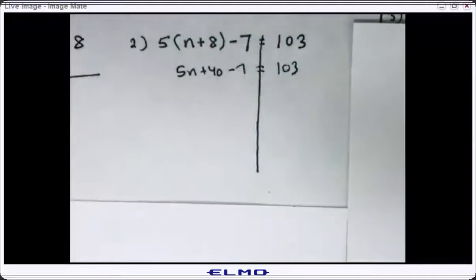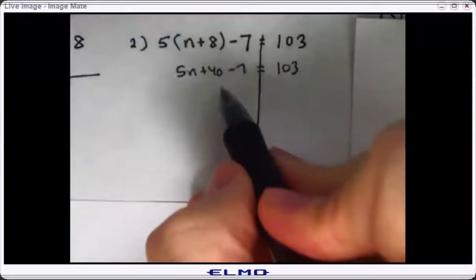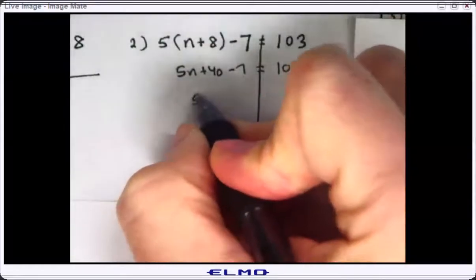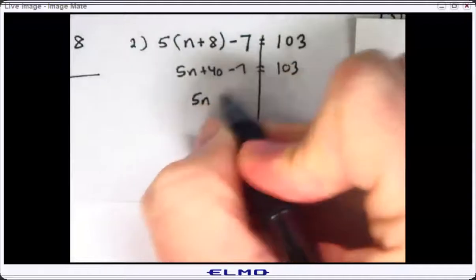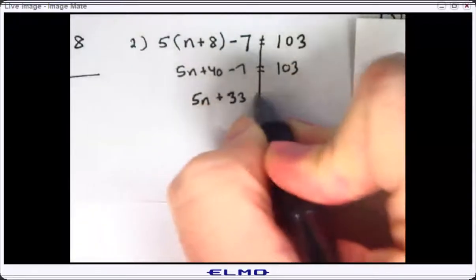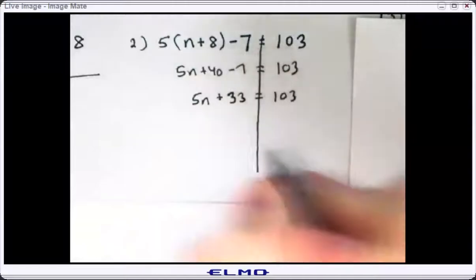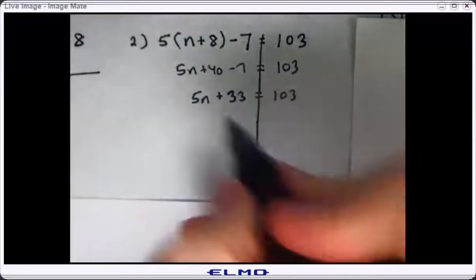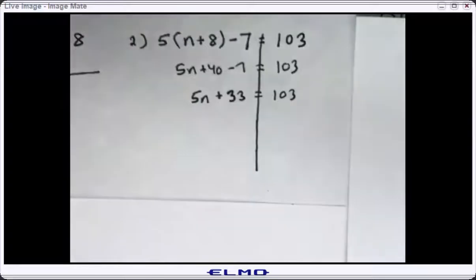The left side is not simplified. I got rid of the distributive property, but I have like terms. My 2 constants, positive 40 and negative 7, are like terms, so I've got to do that. Next, 40 minus 7 is 33. Now, both sides are in simplest form, so I'm ready for step 2. Step 2 is get the variable on one side. It already is, so I don't have to do step 2 in this one.